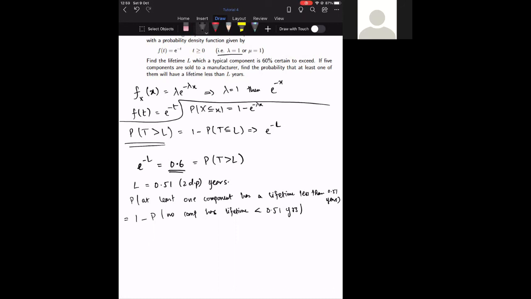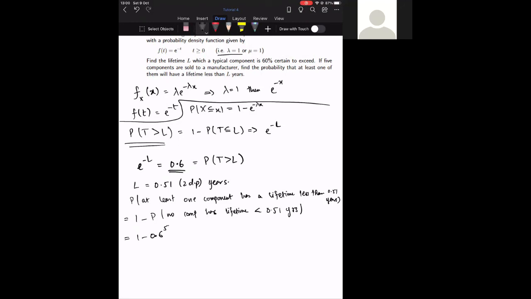So the probability for all 5 components having a lifetime greater than 0.51 years, assuming that the lifetime of each component is independent, will be 1 minus 0.6 to the 5.